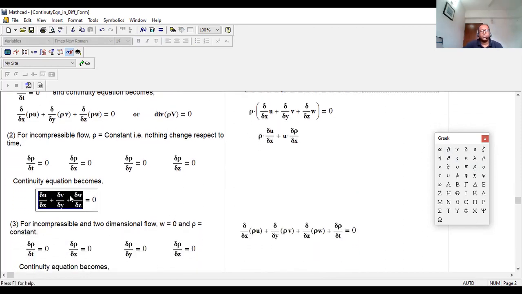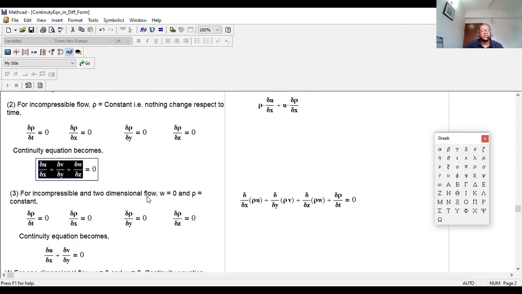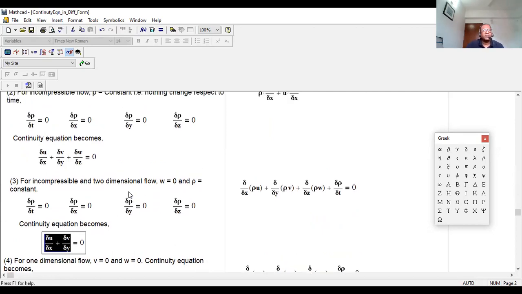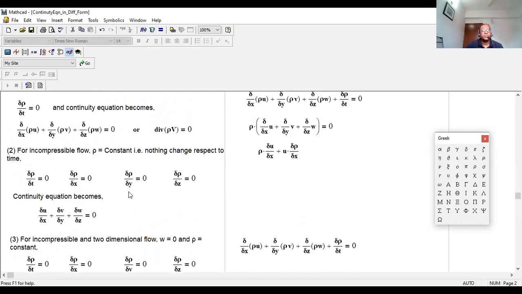And if incompressible, and you say flow is two-dimensional, then what will happen? W equals 0. Then in that case, this value is 0. Okay. And you see, for incompressible flow, rho is not changing, not along the x-axis, y-axis, or z-axis.